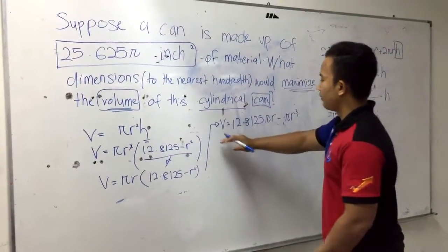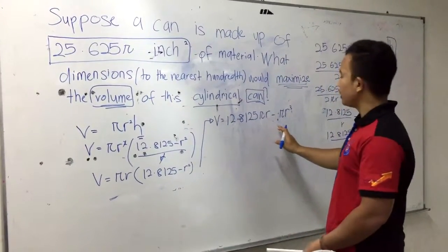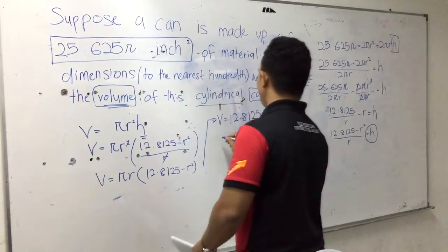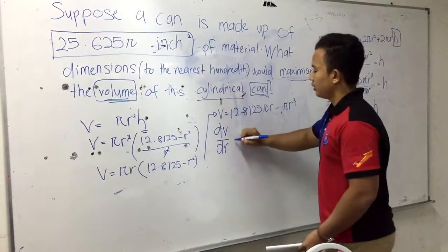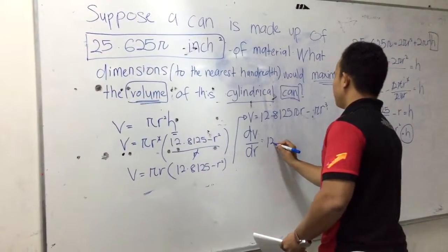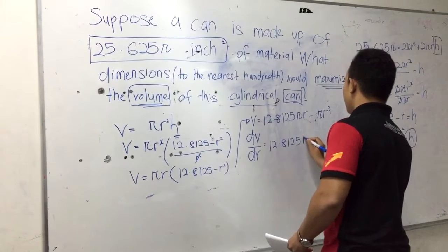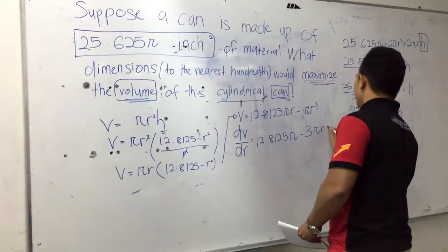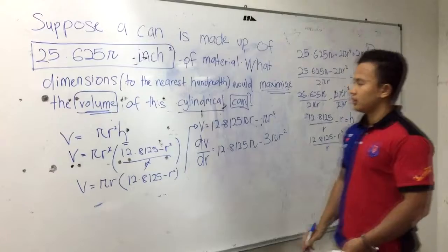From this equation we can differentiate dV over dr, because we just have a single unknown. So dV over dr equals 12.8125 pi minus 3 pi r squared.